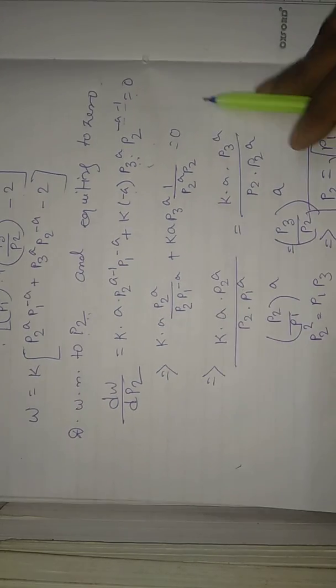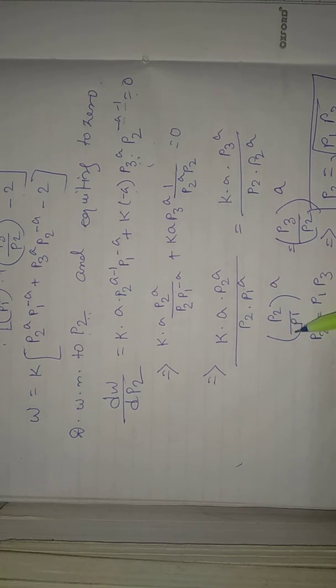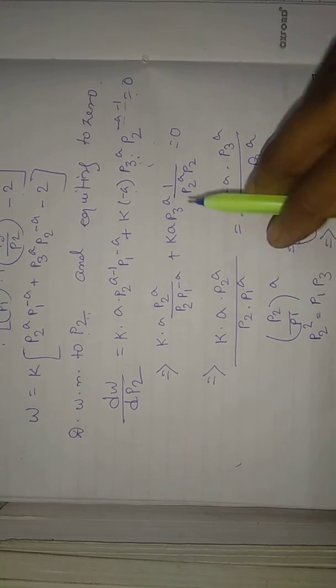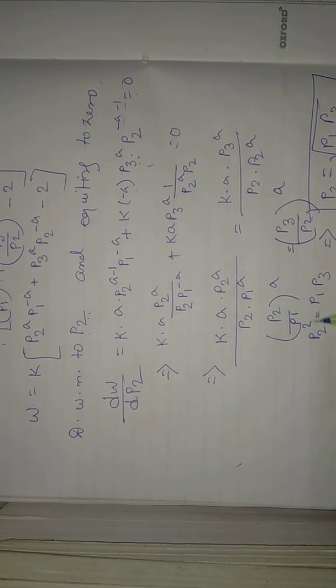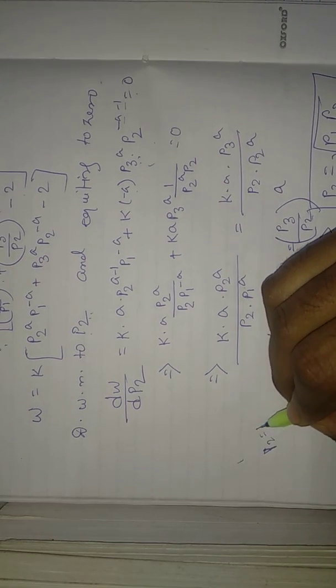After all, this equation becomes P2 by P1 to the power A is equal to P3 by P2 to the power A. So both A's are cancelled out. So P2 square is equal to P1 into P3. What is P2? P2 is your intermediate pressure, mind it.